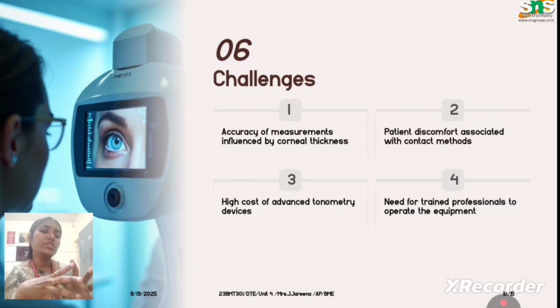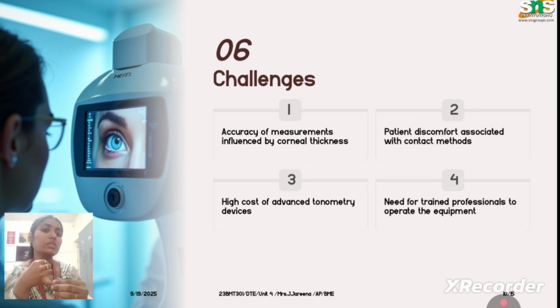But along with the goods, there are some limitations and constraints of using this tonometer. First, measurement accuracy is influenced by corneal thickness, because corneal thickness varies from person to person and may be influenced by many factors like age.